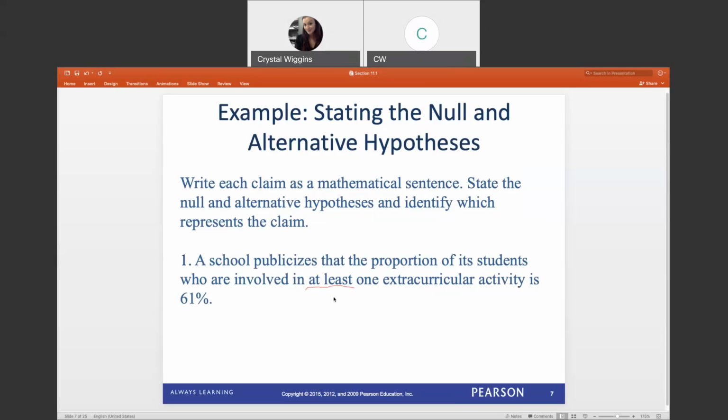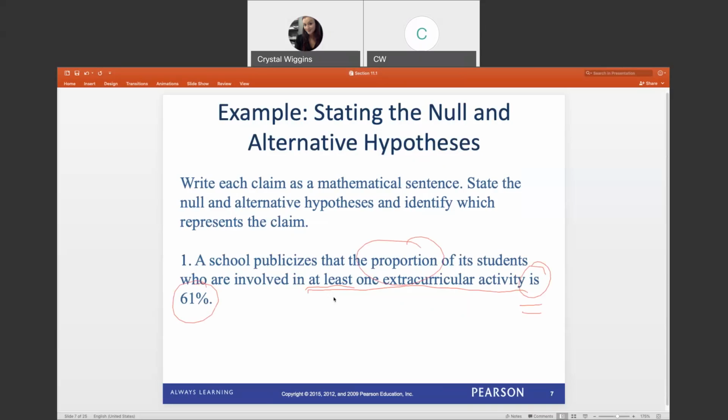But be careful. This is describing the population, the target population. We're talking about students who take at least one extracurricular activity. That is not the claim. That is the target population description. The claim is that the proportion of these students is 61%, and "is" translates to an equal sign.